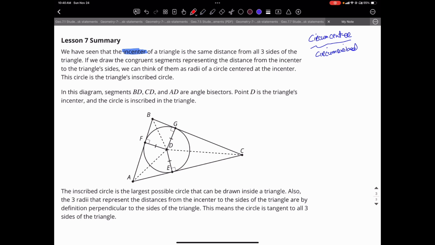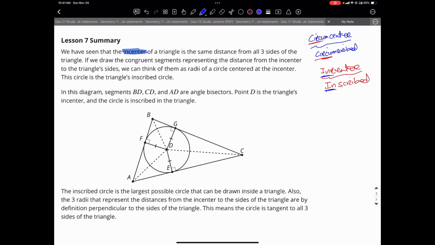Now we're learning the incenter, and this is with inscribed. I know I wrote these on the board in class. Some of you may not have noticed it, but the root, circum, and the root, in, they go together. So you have a circumscribed circle with a circumcenter, and an inscribed circle with an incenter. I just want to make sure everyone understands.